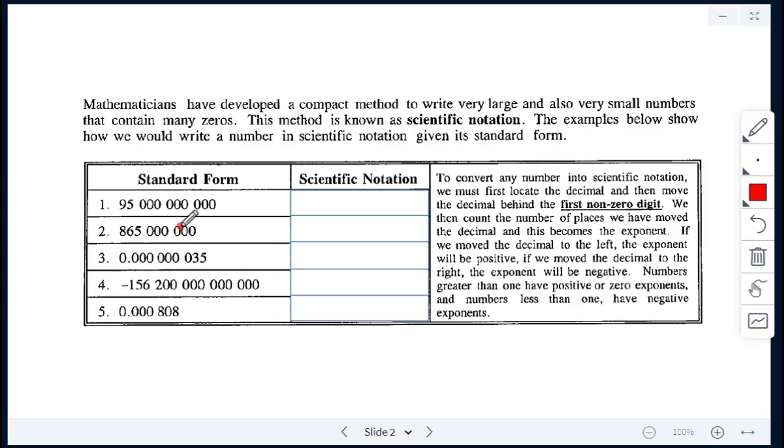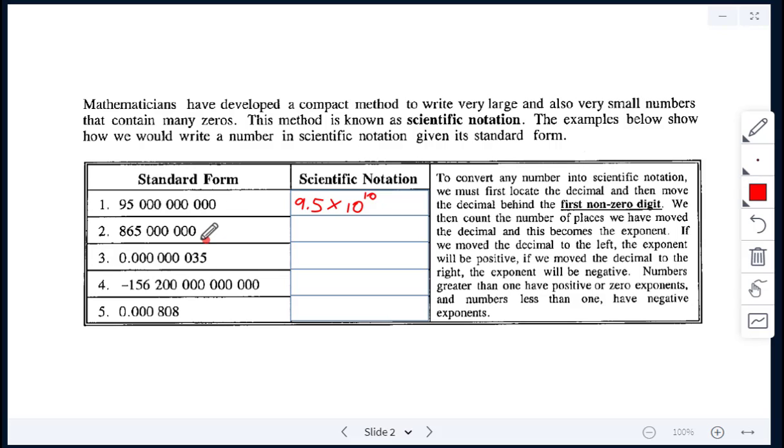So that's going to be our exponent. And so our new number is 9.5 times 10 to the power of 10, because we moved it 10 decimal places to the left. And our exponent is a positive exponent because this is a number that is greater than 1.